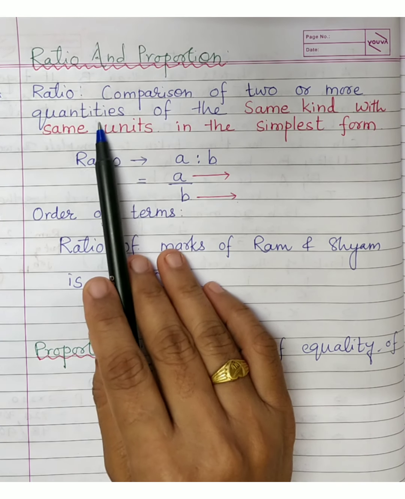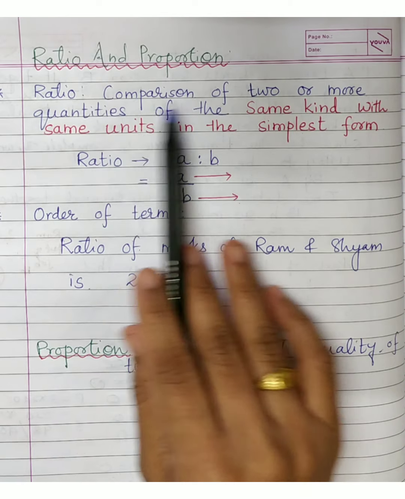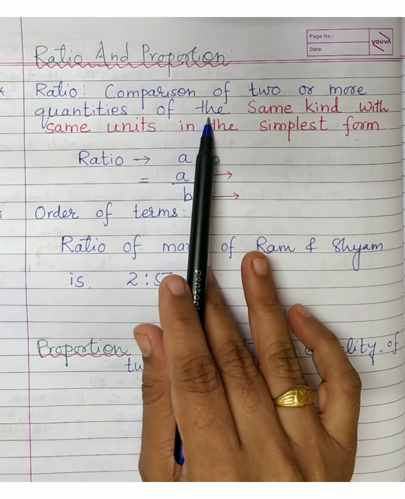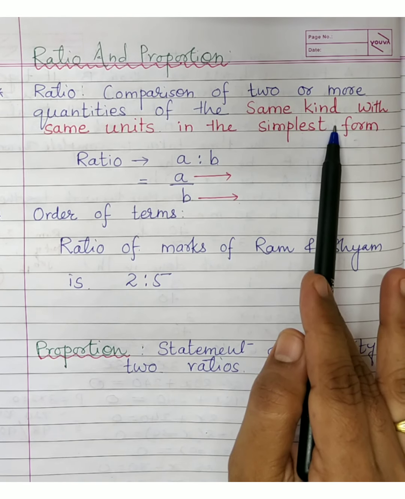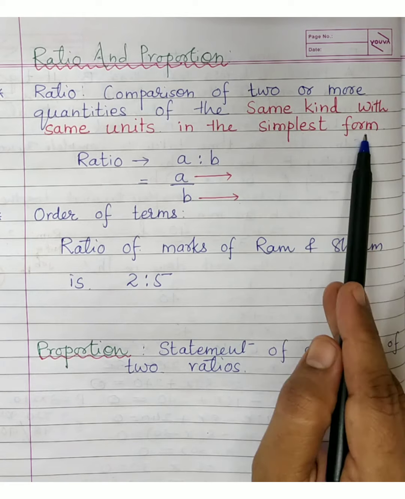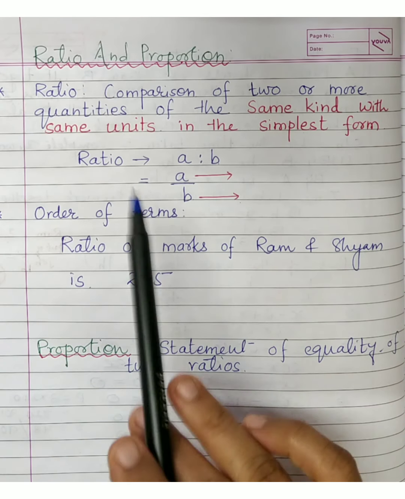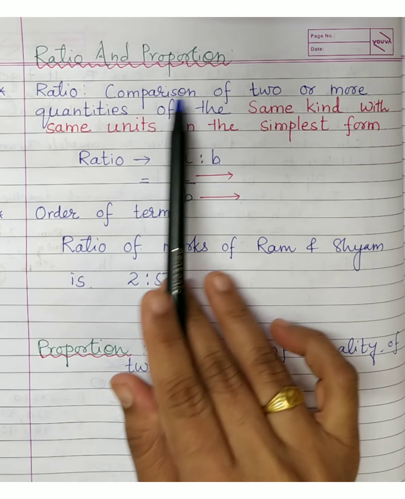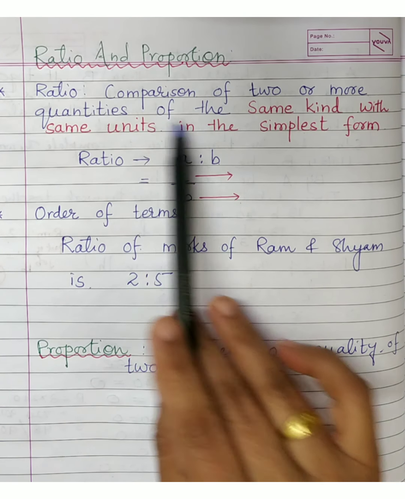Normally for comparison, right? So comparison of two or even more quantities of the same kind with the same units in the simplest form. All these three properties are a must, you know it. When we are comparing quantities, they should be of the same kind.